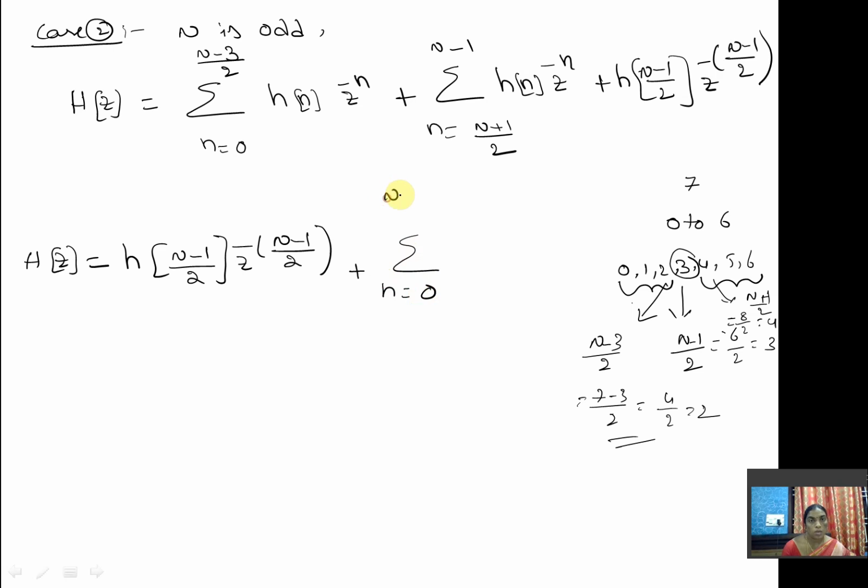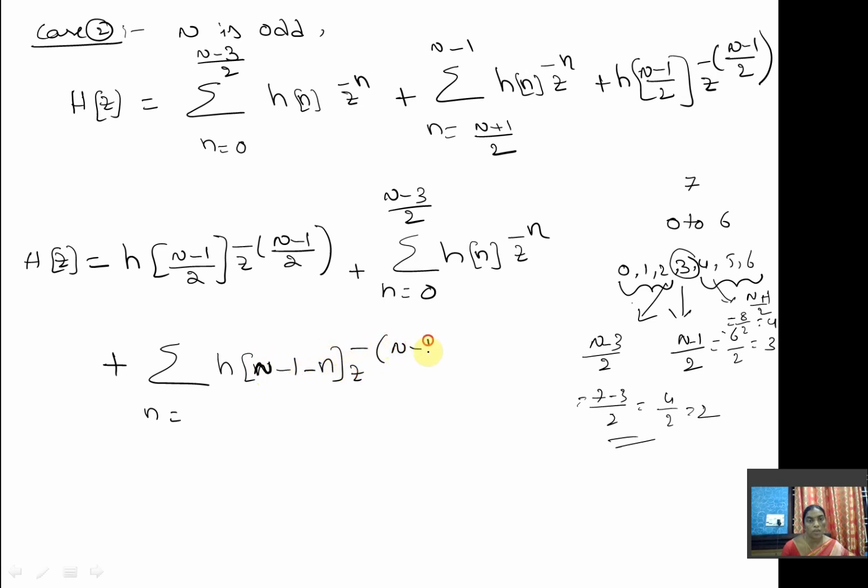Summation n from 0 to (N minus 3)/2 of h(n) z^(-n) plus the second term. Here I am using N minus 1 minus n in place of n, giving z^(-(N minus 1 minus n)).